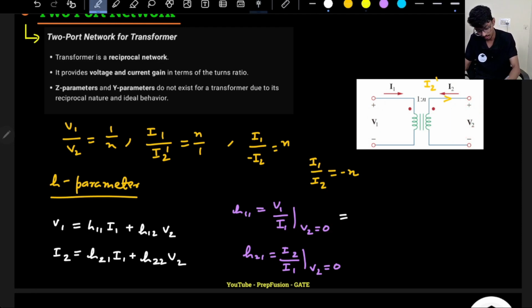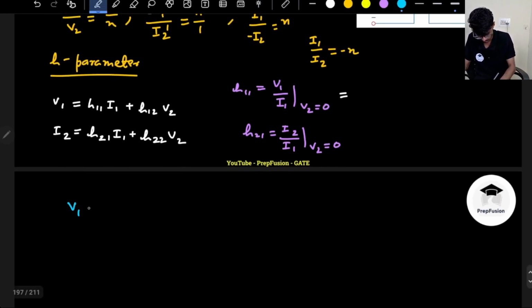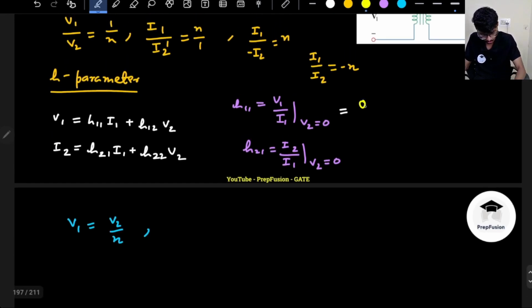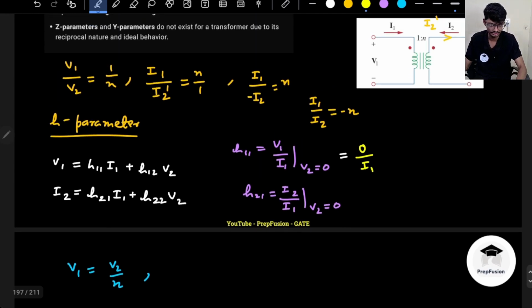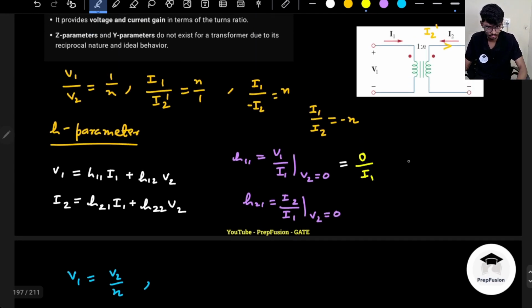V1 equals V2 by n. So if V2 is 0, V1 will also be 0. So it will be 0 upon some finite value. I don't care whatever the value of current is, it is not 0. That much I am sure. Then 0 upon a finite value will always yield me 0 ohms.